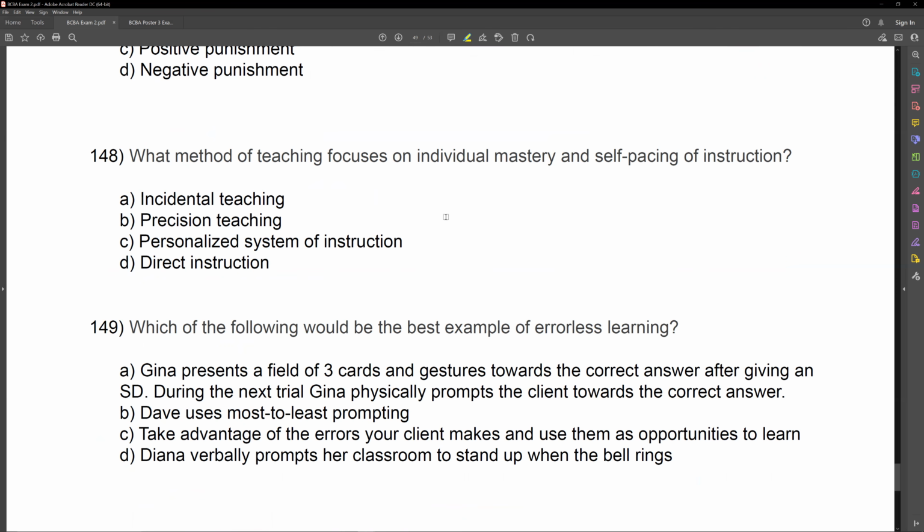Precision teaching focuses on fluency. Are we talking about personalized system of instruction? Yes. Individual mastery, self-pacing has to do with personalized system of instruction, or PSI. Direct instruction is more about the group, choral responding scripts. C is our answer. Personalized system of instruction has to do with individual mastery and self-pacing.